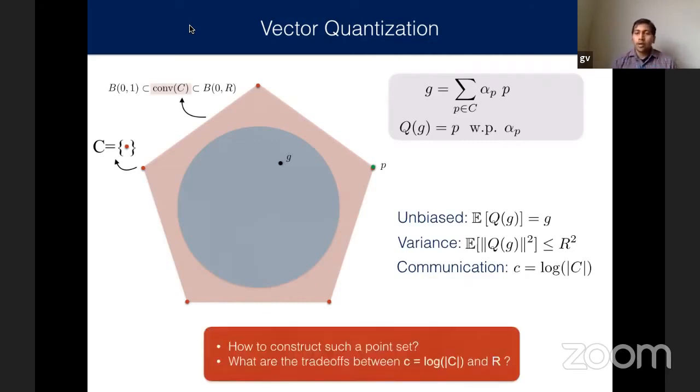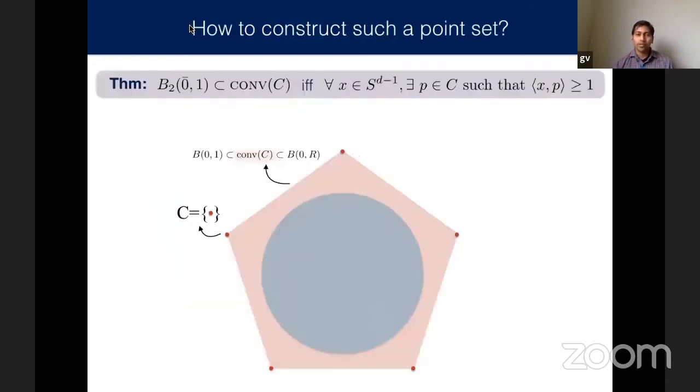Using different kinds of point sets, you can achieve different trade-offs between the communication and the variance. And what I'll cover next is how to construct these point sets and what trade-offs we can achieve using various point sets.